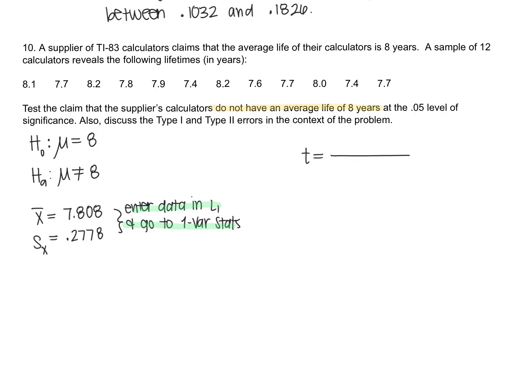And it is, again, based on whether you're given the population or sample standard deviation. So our numerator is going to be 7.808 minus 8. And our denominator will be our sample standard deviation, 0.2778, over the square root of n, which is 12. We get t equals negative 2.39.